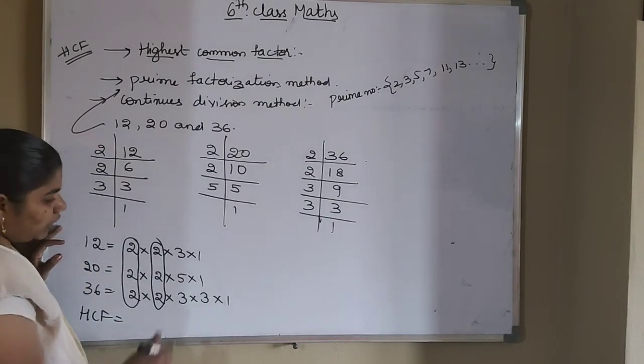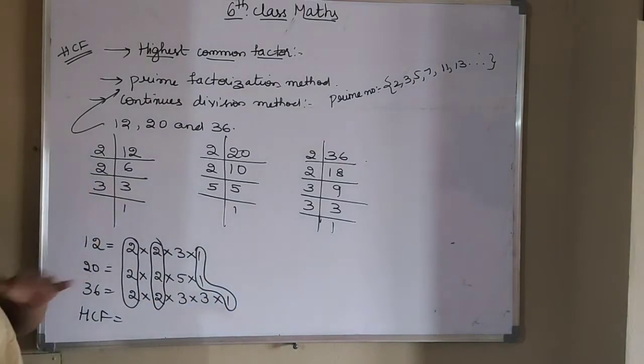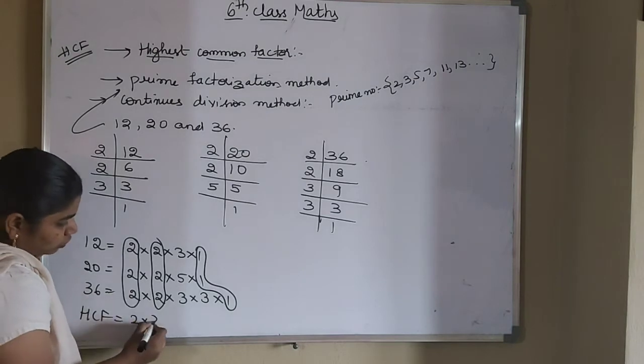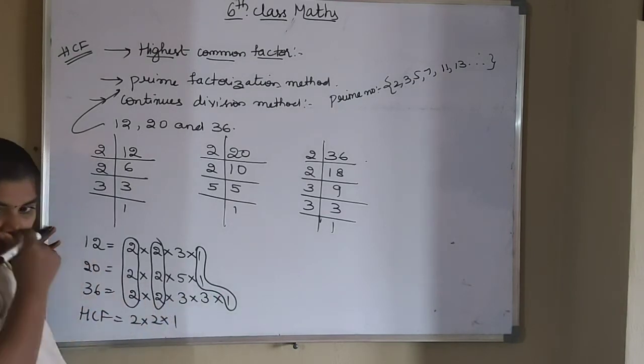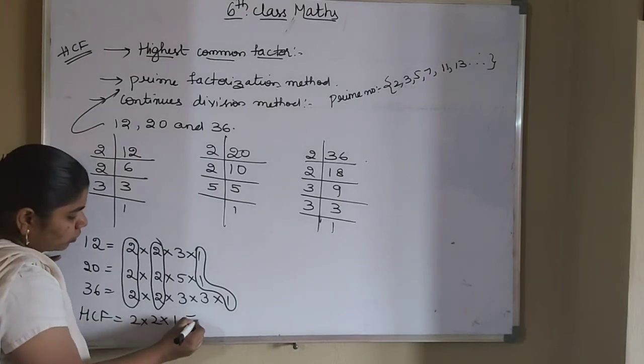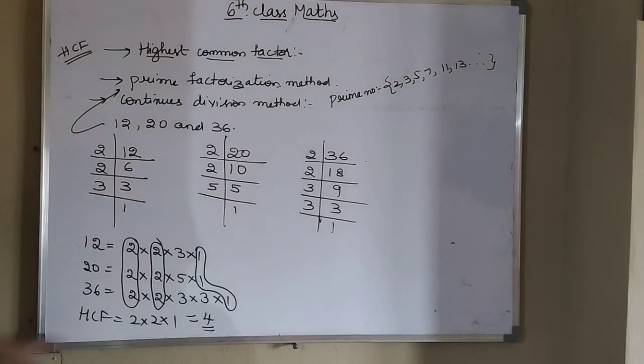The remaining common number is 1. Now what is the HCF value? 2, 2 and 1. 2 twos are 4, 4 ones are 4. So the HCF here is 4. 4 is our HCF value by using this prime factorization method.